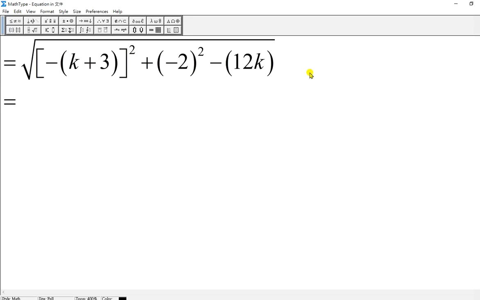Here, keep the square root sign. Negative (k plus 3) bracket all squared actually equals (k plus 3) bracket squared, just positive. A negative sign inside the square bracket doesn't matter. It always goes back to non-negative, so the negative sign effect will cancel.